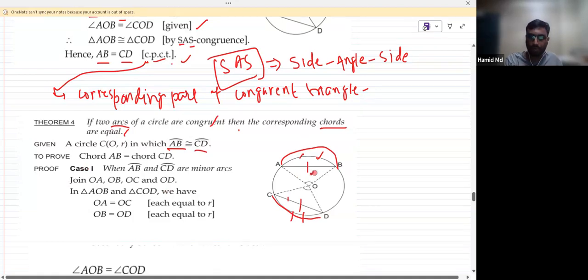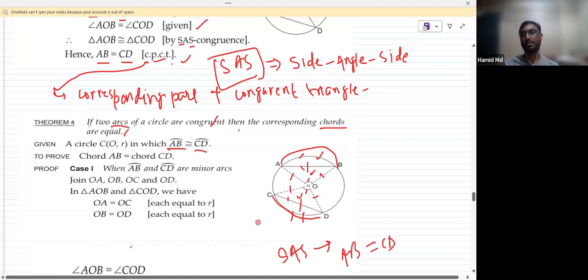So we have two triangles, AOB and COD. We say that in the circle the corresponding radii AO and OC are equal, and this included angle is also equal. So again, the side-angle-side condition will give you that length AB is equal to CD, from the CPCT criteria.